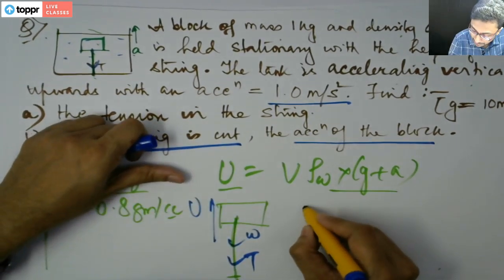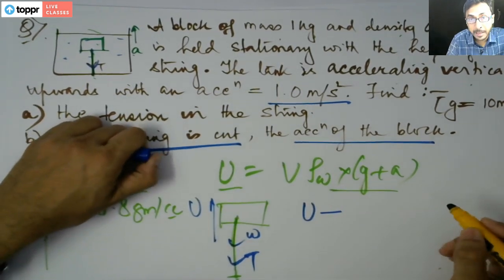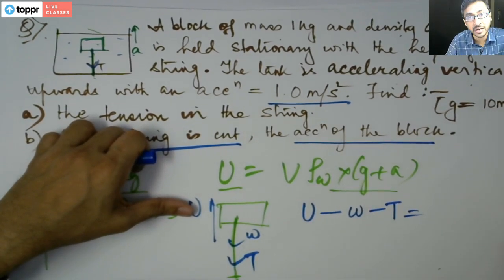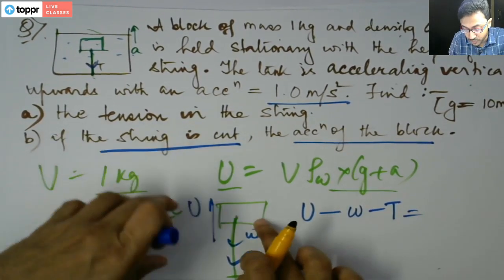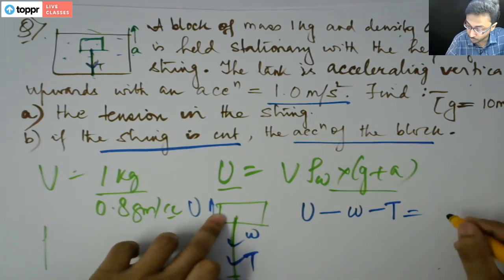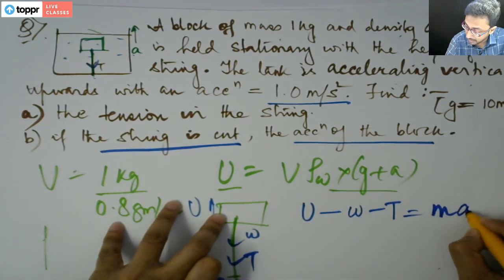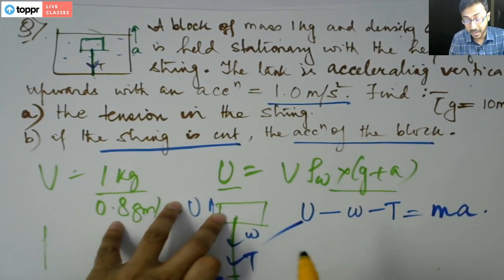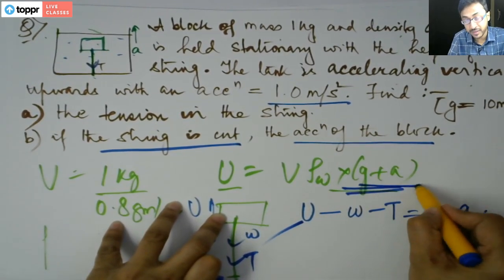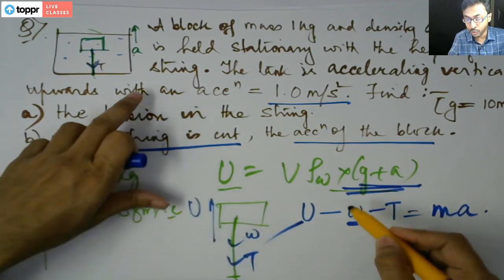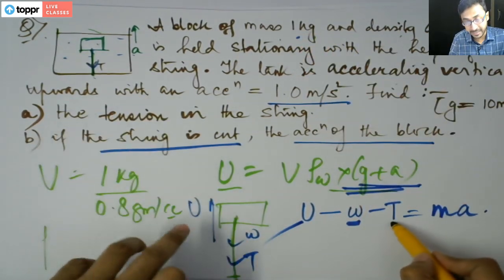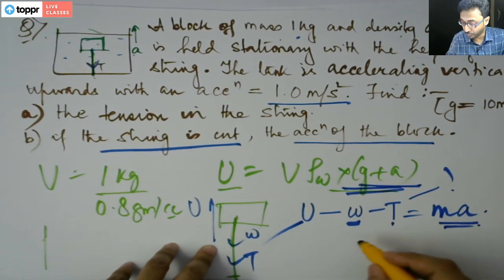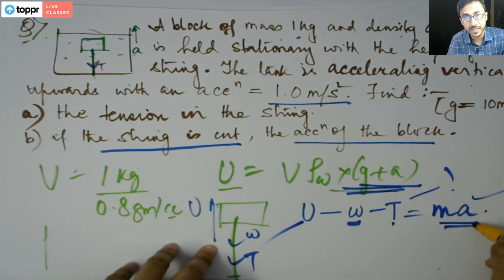So we can say the upthrust minus the weight minus the tension is the net force acting on the block by which it is moving upward. It will be m into acceleration. Upthrust you have calculated using the modified gravity. Weight you know, T is the tension that you have to find out, and mass into acceleration you know. So from this you can find out the tension.